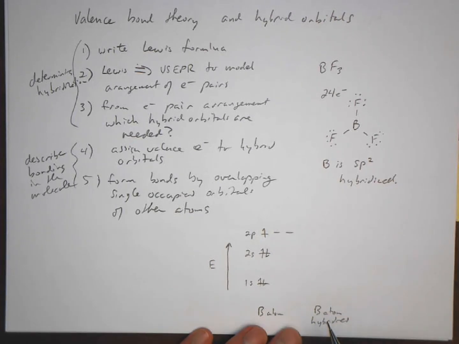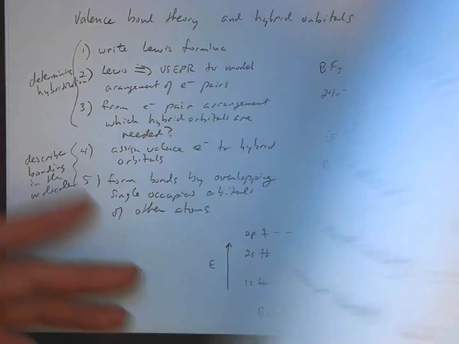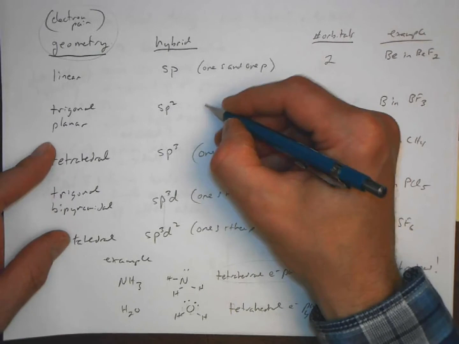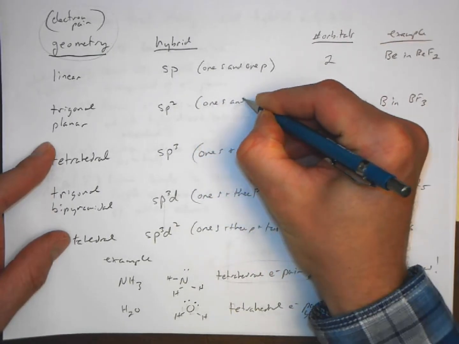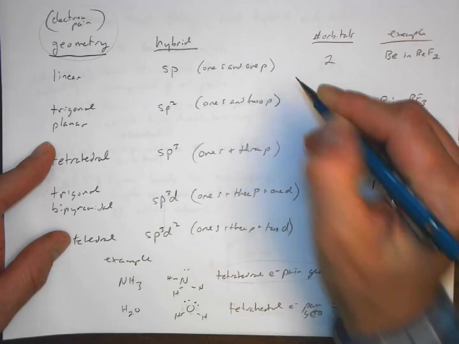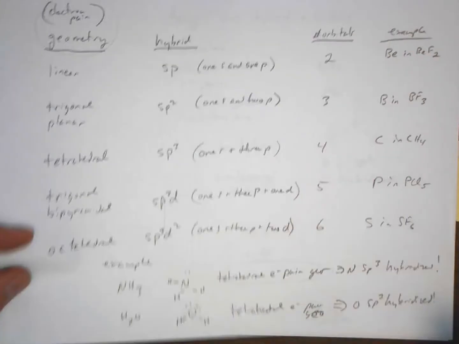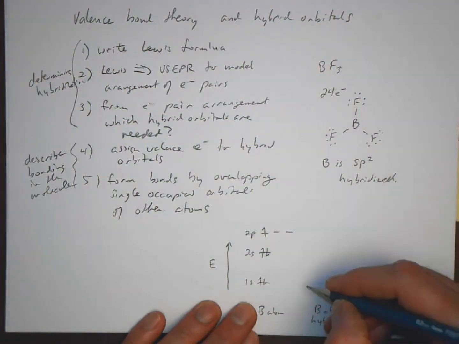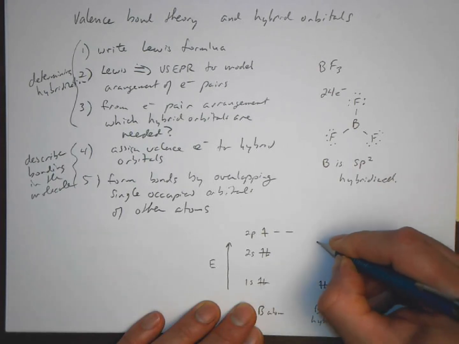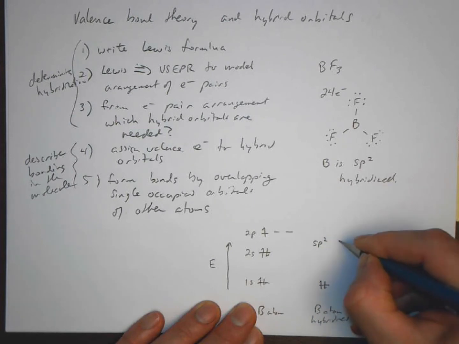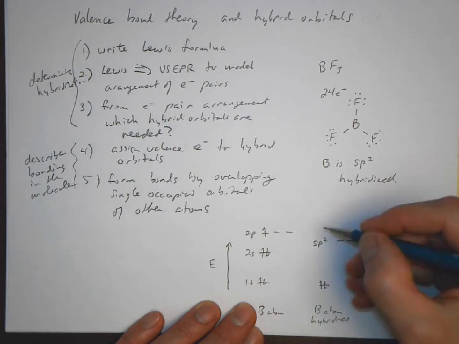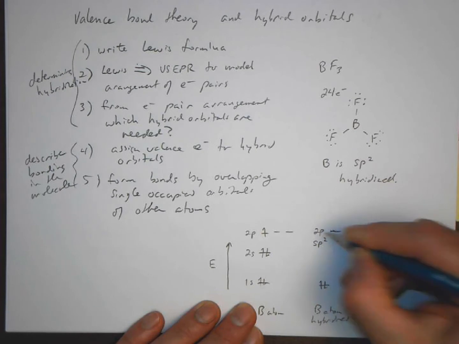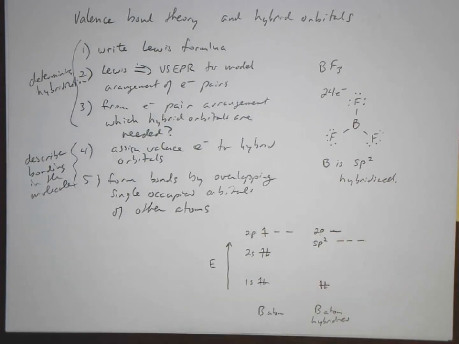The s and 2p orbitals, right? If you're trigonal planar, you're using 1 s and 2 p orbitals to make 3 orbitals. So it would look like this. From an energy perspective, the hybrid orbitals are going to be slightly lower in energy than the 2p, but higher in energy than the 2s, which makes sense.